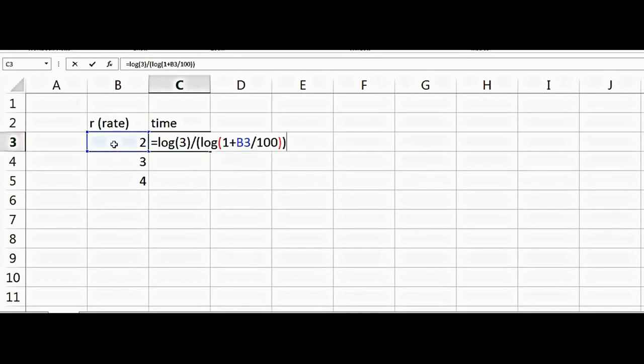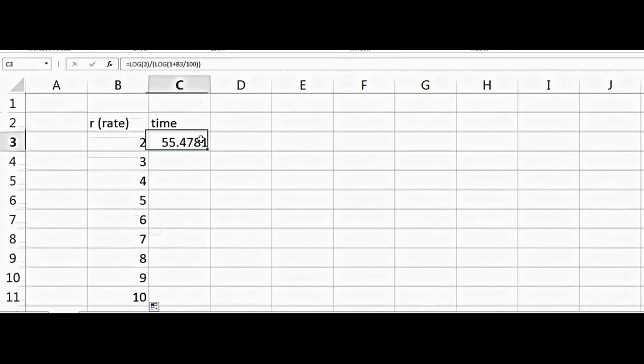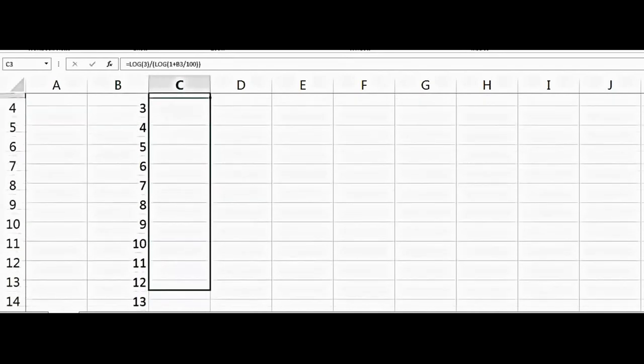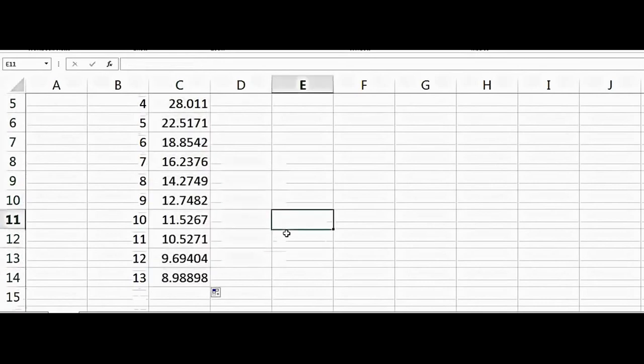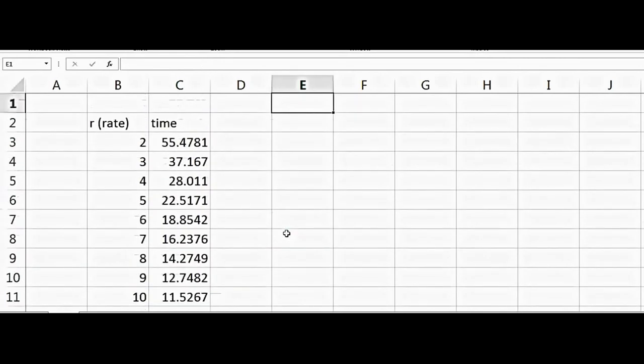So this should be our time. So now we can keep extending this rate to suppose 13%, and we can calculate the time for investment to be 3 times for all these years. So that's how we get the time.